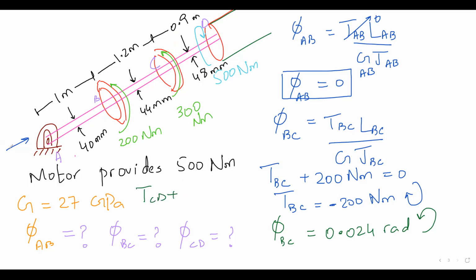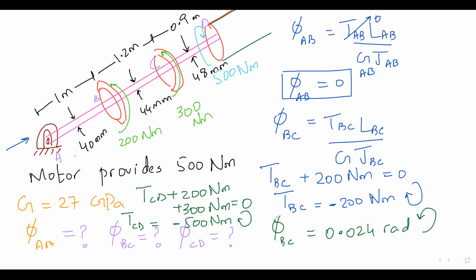Looking from this side, plus 200 Newton meter anti-clockwise, plus 300 Newton meter anti-clockwise, equal to 0, cutting from here and leaving this away. TCD equals negative 500 Newton meter, which means it is clockwise.